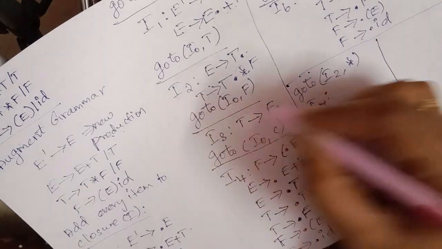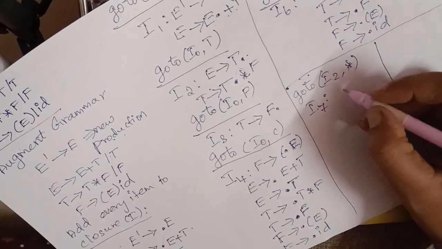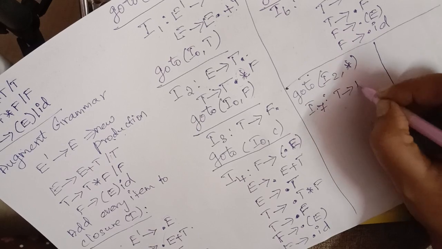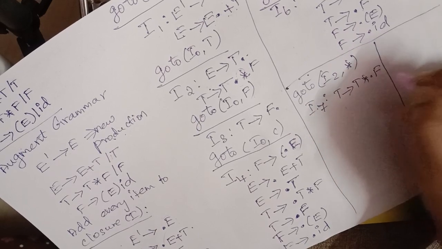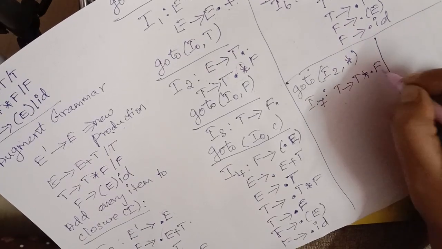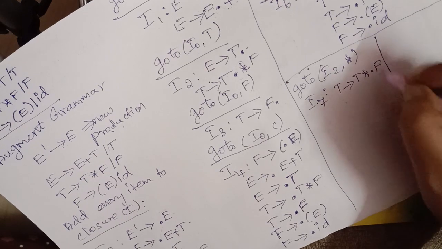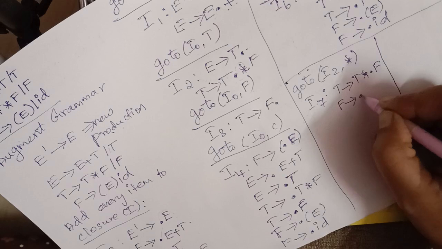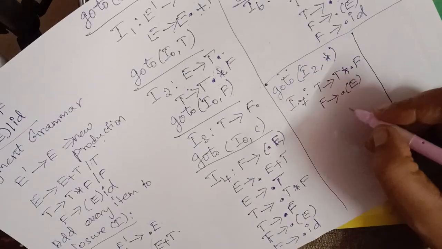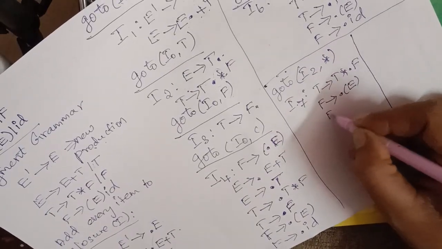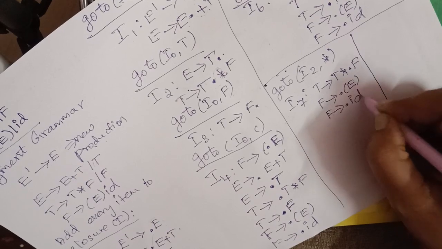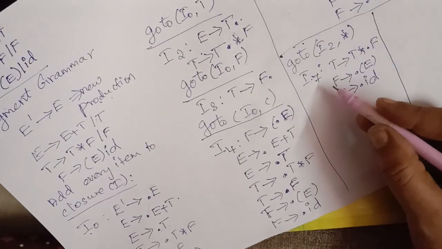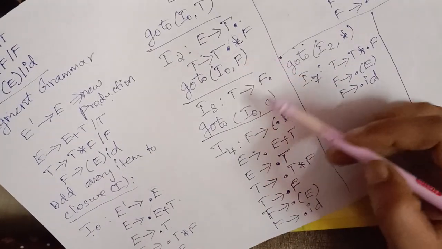So I7 is nothing but T tends to T star dot F. After the dot I have F, so I have closure and I can derive this further: dot E, and then one more production for F, F tends to id. So I have completed this I3.